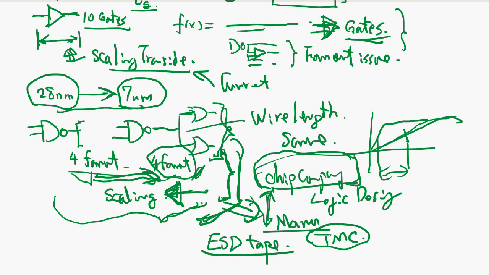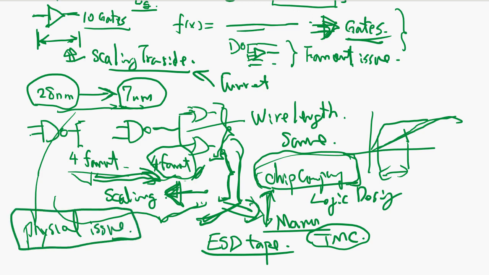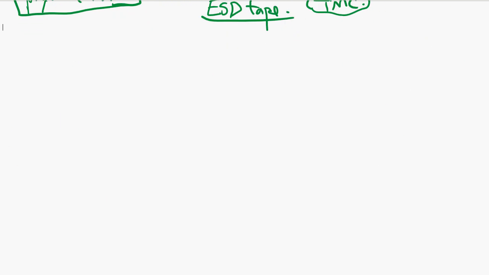So logically it's exactly the same, but scaling is a physical issue. The physical problem has to be resolved; it's not a logical issue. So suddenly the yield drops.